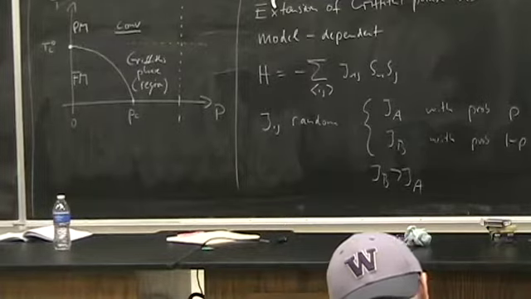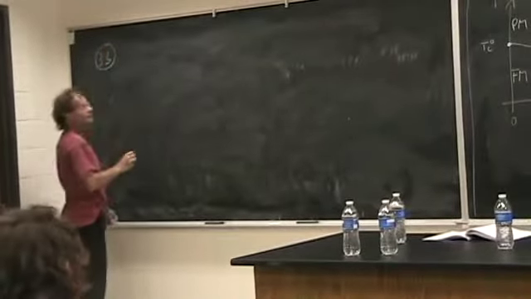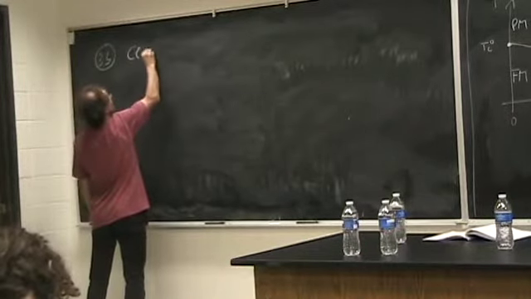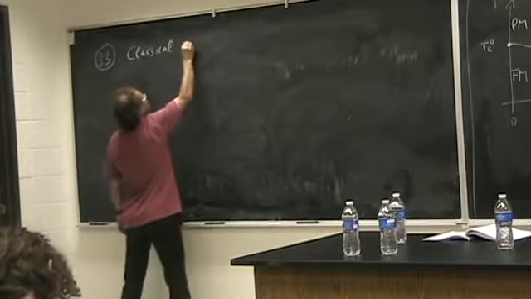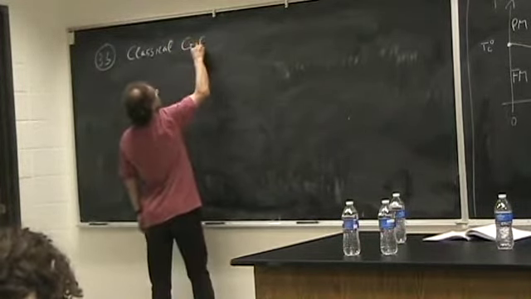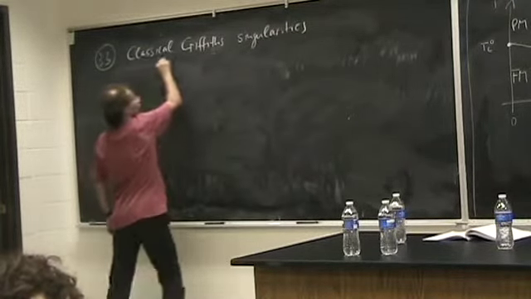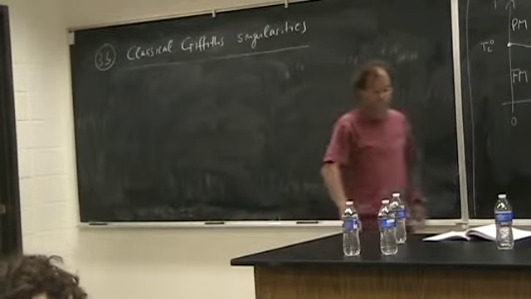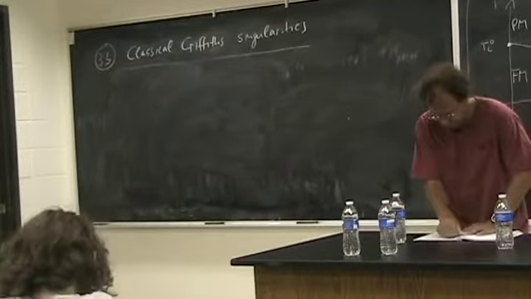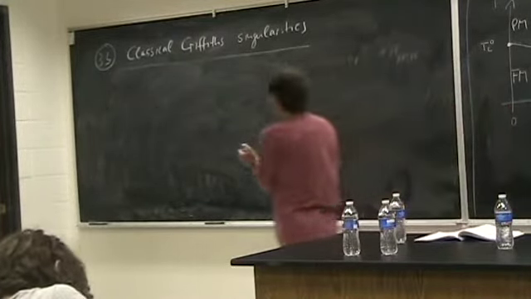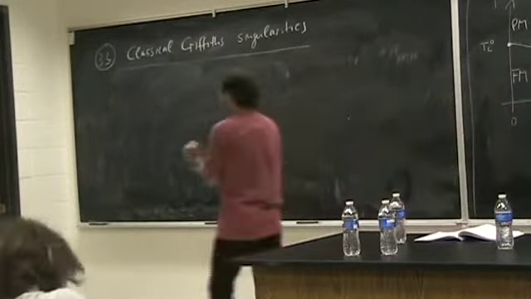Okay, so that would be now 3b, if I'm not miscounting. Classical Griffiths singularities. Okay, and so let me just write down what I just said.